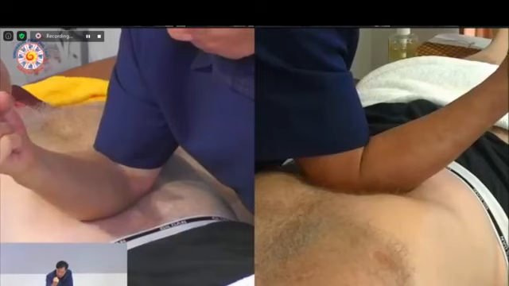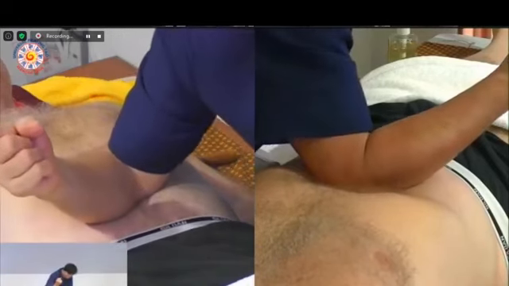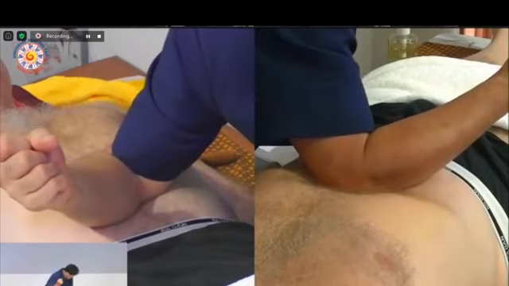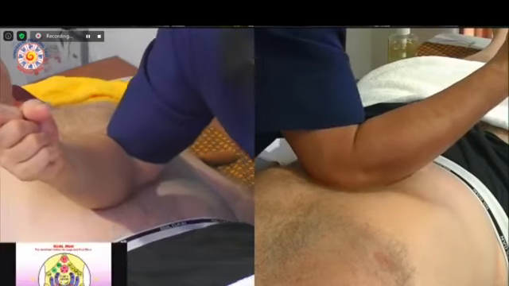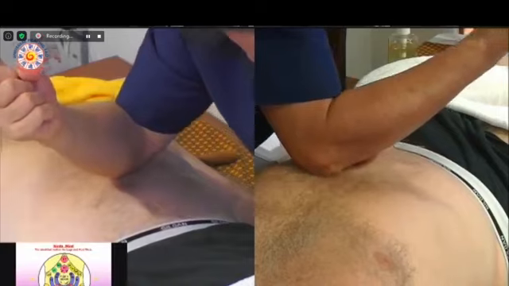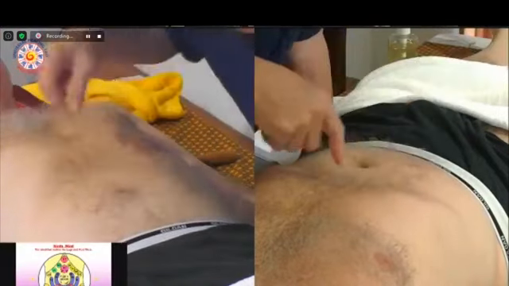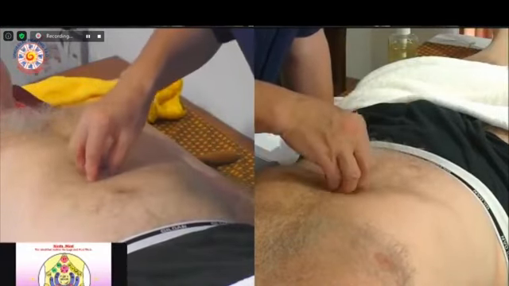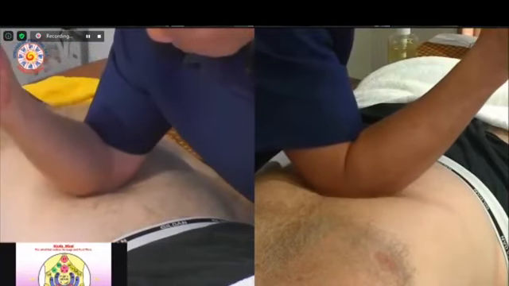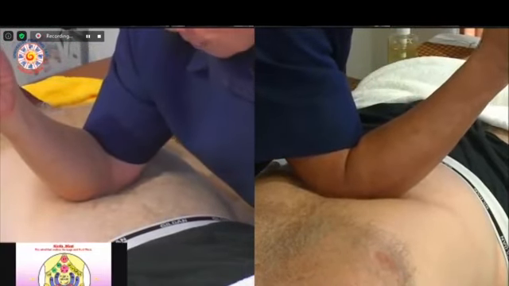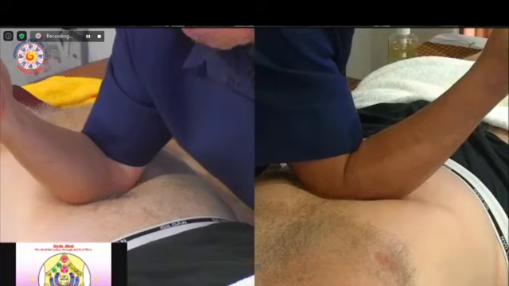The next one is 36. So you make a circle up to the solar plexus, and below the circle on the right side.